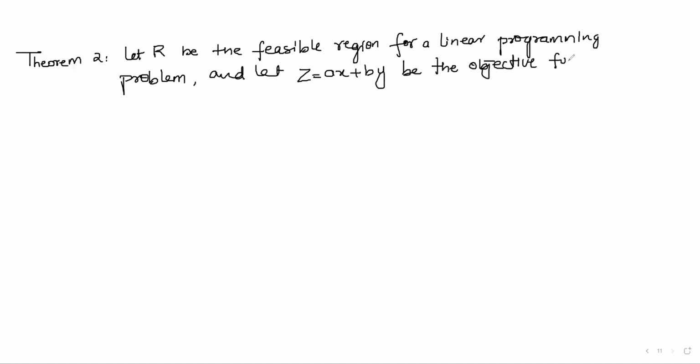If R is bounded, first part, if R is bounded. So what is meant by bounded and unbounded?